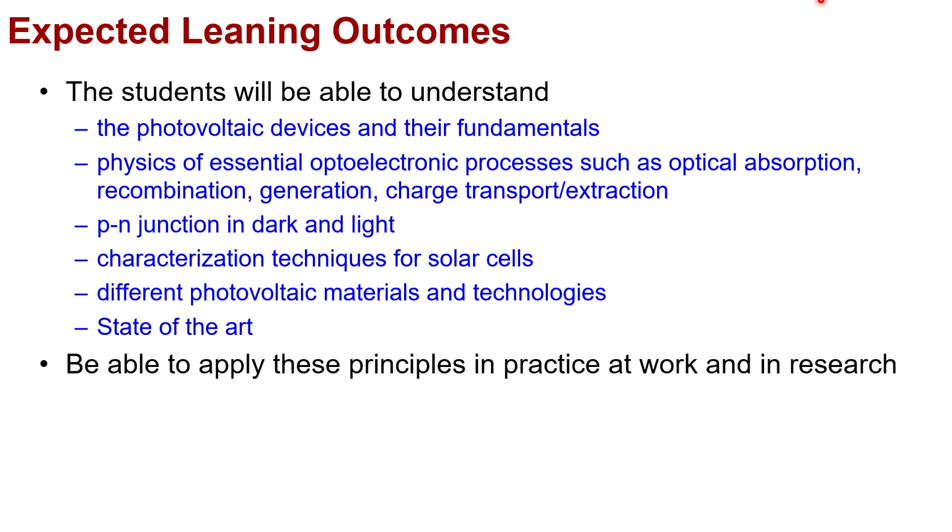And I hope that you will be able to apply this knowledge and these fundamentals in practice at work if you are working in industry, or in research if you want to pursue your career in research.